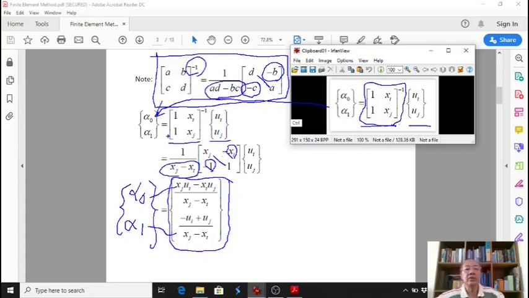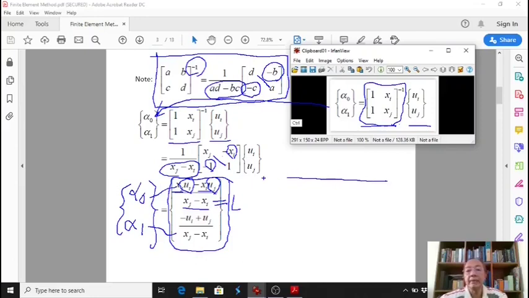So alpha 0 is a function in terms of ui and uj. So ui and uj are nodal displacements, and sj and si are the positions of the nodes. So sj minus si is also a position of the node, and sj minus si is equal to L. L is the length of the element.